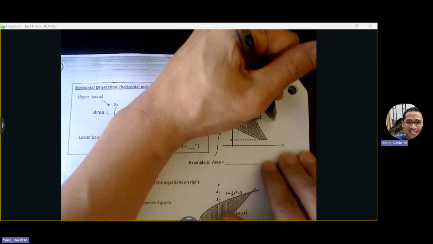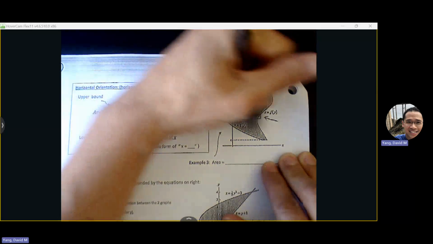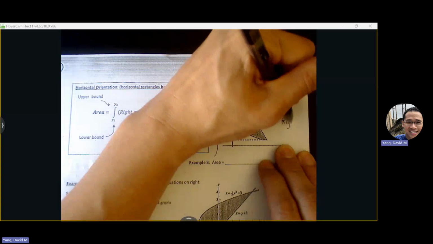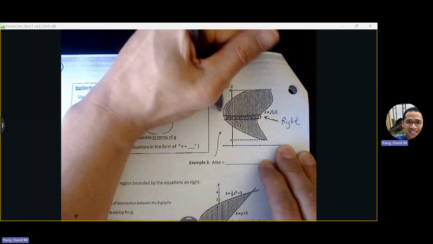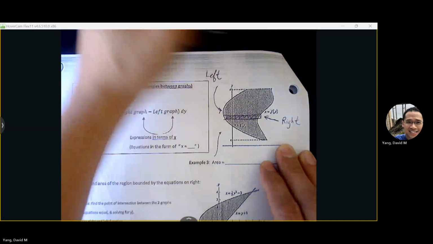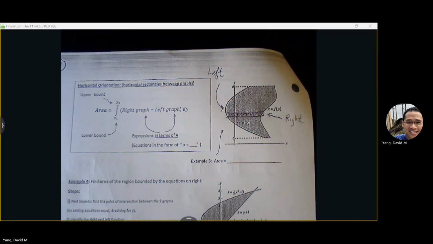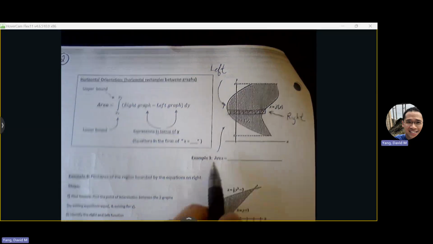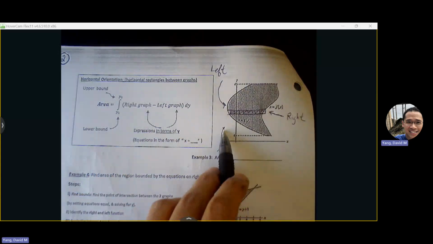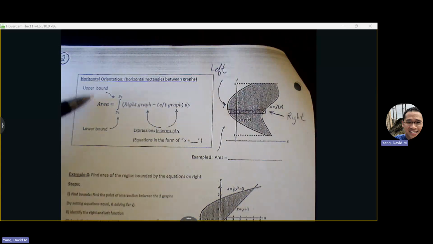So the graph on the right is the one that's further to the right on the x-axis. This is the one on the right. And then the graph on the left. So my area, we're just going to follow the formula here from y sub 1 to y sub 2. So the lowest to the highest y value.